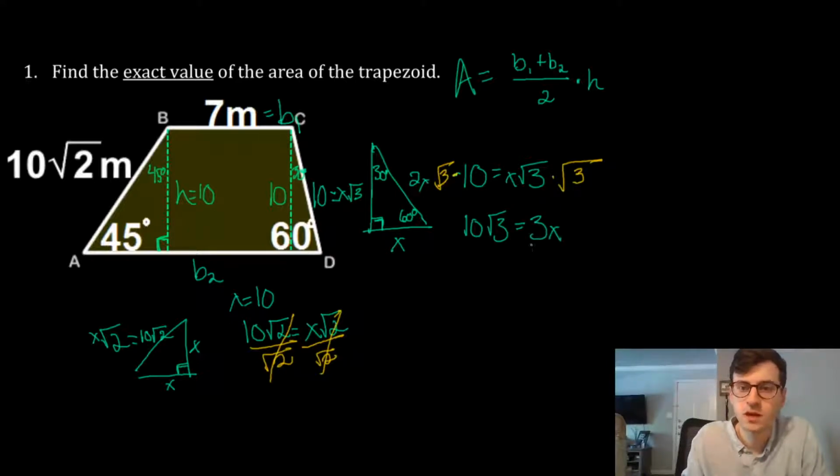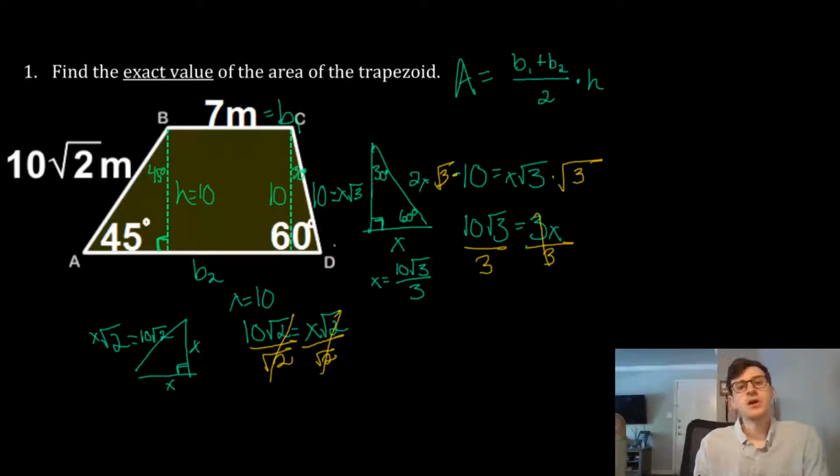I'm left with 3x. Divide both sides by 3, and the 3's cancel out over here. We're left with x equal to 10 root 3 over 3.